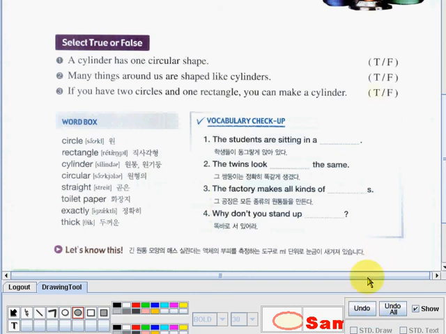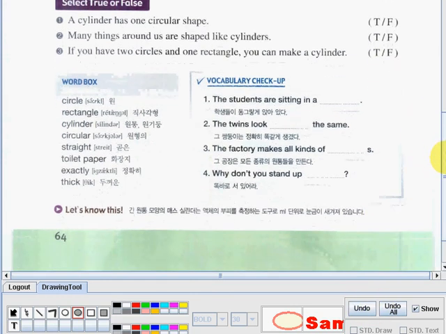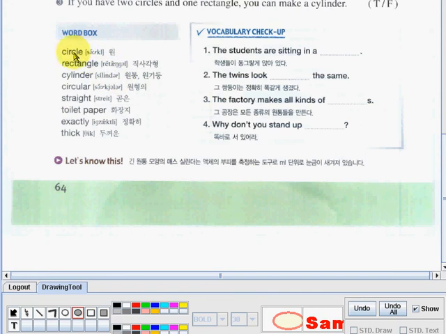Okay, now this time let's move on to word box. All the words found here are used in the passage. Beside the English word is the pronunciation and the Korean translation. Repeat after me. Circle, rectangle, cylinder, circular, straight, toilet paper, exactly, thick.